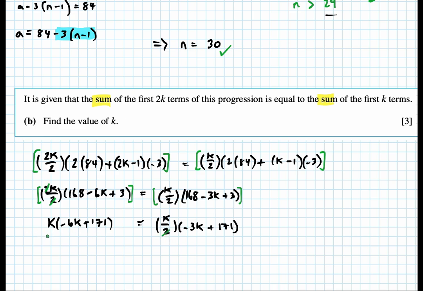So 2k times minus 6k is going to be done out. I'm going to get rid of that 2 actually as well there. So it's 2k times all of that, and no change. I'll just rewrite it all now. So that multiplication out, you'll get minus 12k squared plus 342.